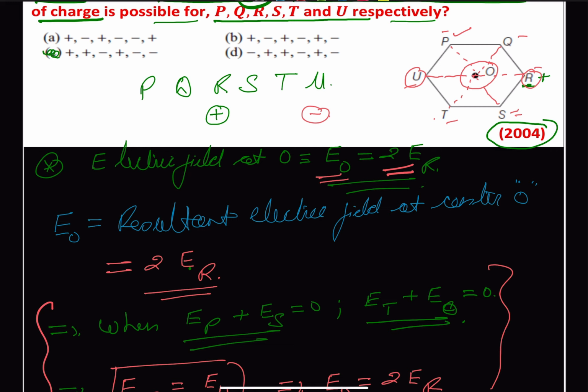And similarly, if our U is negative, so the option that is possible is A cannot be the correct one, then we are left with only B and D, and we want that our P and S. So this is our P, Q, R, S, T and U.